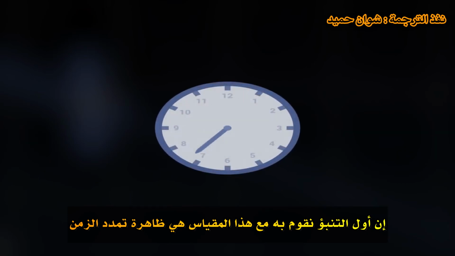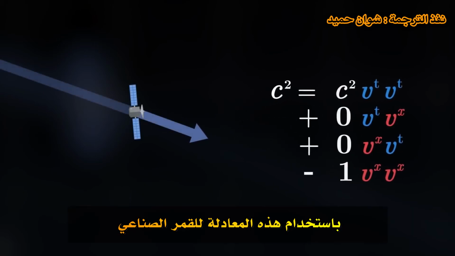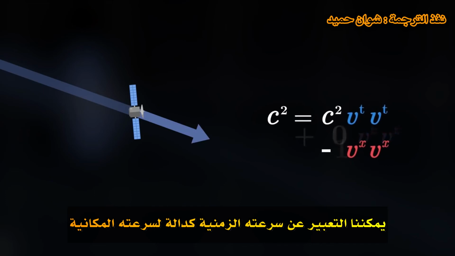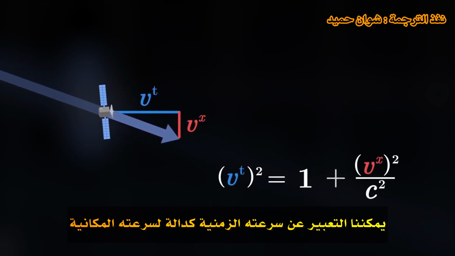A first prediction that we make with this metric is the phenomenon of time dilation. To do this, we remember our previous equation, which related the norm of the velocity to its components. Using this equation for the satellite, we can express its temporal speed as a function of its spatial speed.